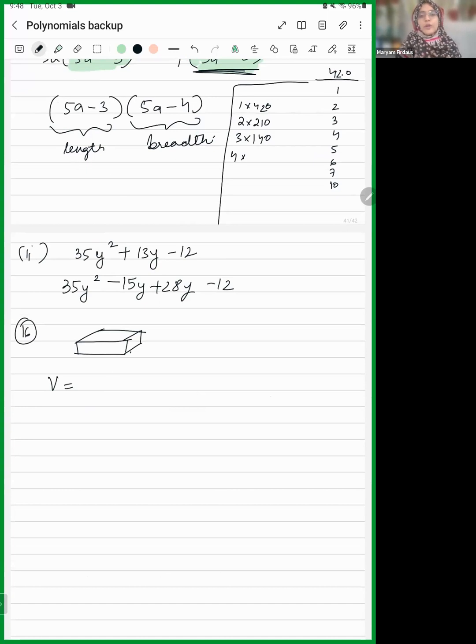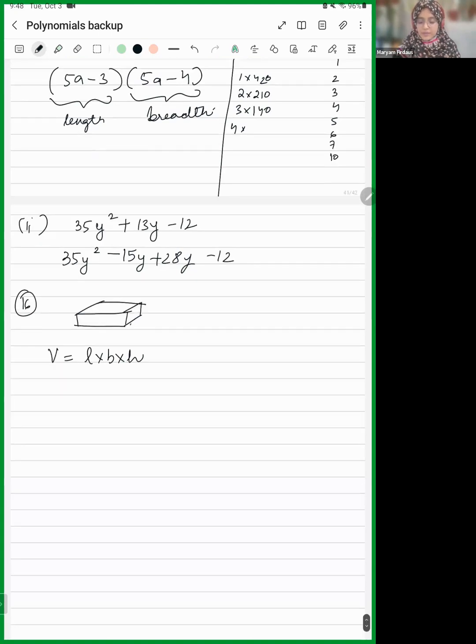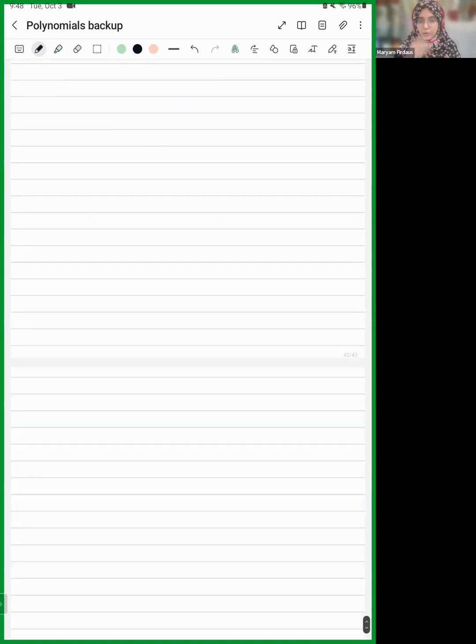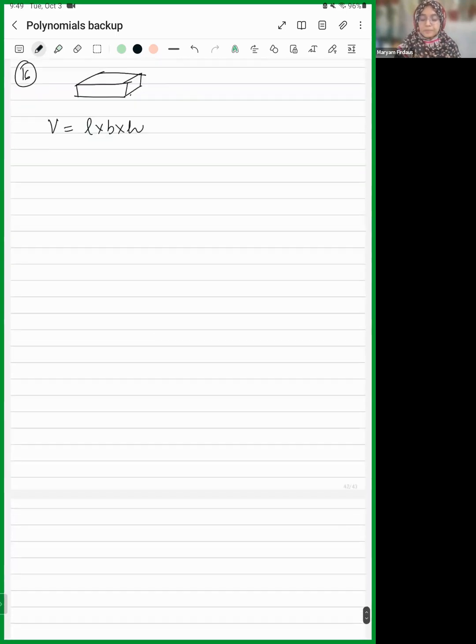What is the formula for volume of cuboid? Length into breadth into height, remember? Does anyone remember this? No, okay, no problem.